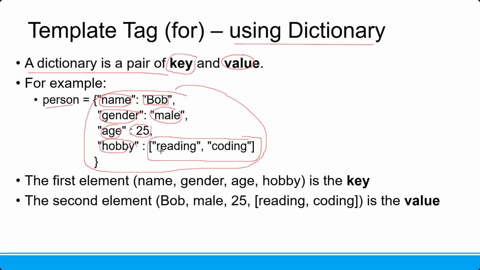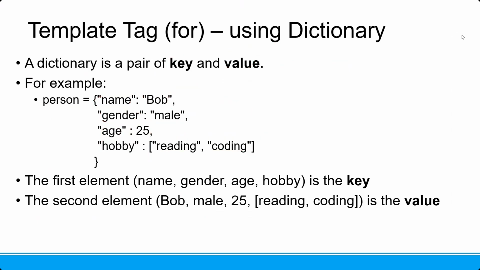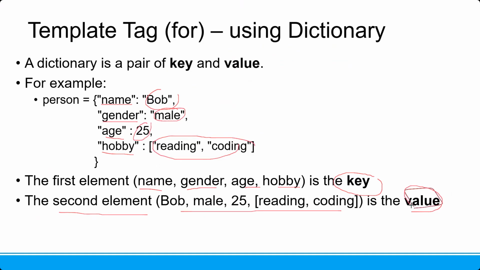It is in a list, so it is reading and coding. So we call this a dictionary. The first elements are name, gender, hobby. We call these the keys. And the second elements, Bob, male, 25, reading and coding, we call these the values. So this is a dictionary in Python.